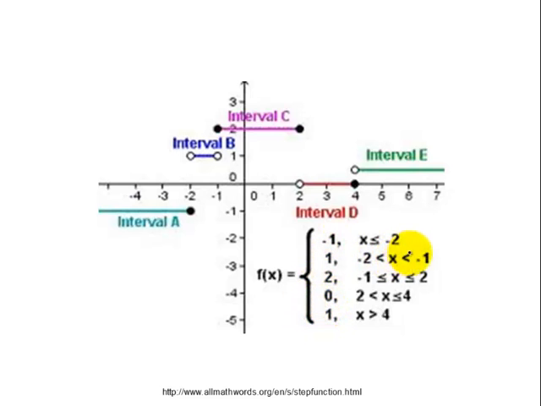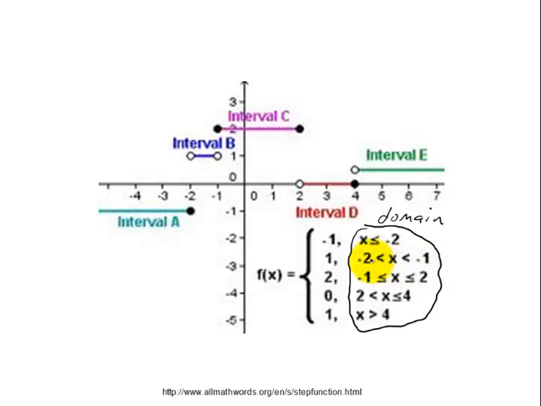And if we wanted to find our domain, we can just look at how the piecewise is defined. So this tells us which piece to use given a certain part of the domain. So this is all numbers less than or equal to -2. That's interval A. Interval B would be all x's that are greater than -2 but less than -1.